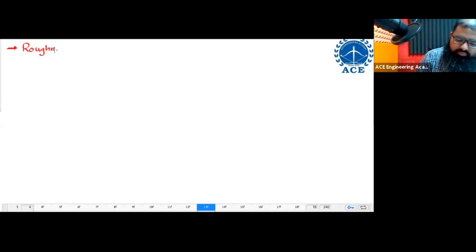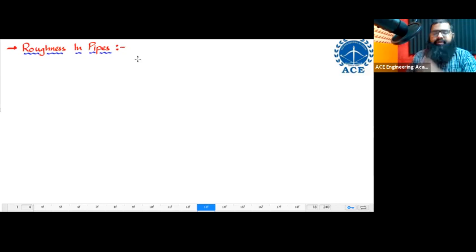Now I'm starting the concept of something known as roughness in pipes. Let us now talk about the concept of roughness in pipes. Let me define this thing.